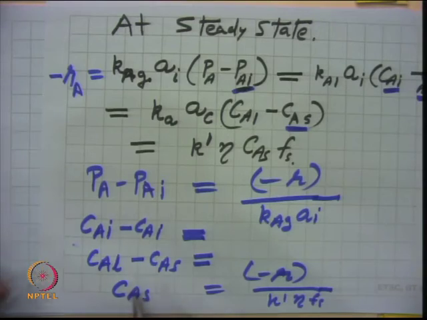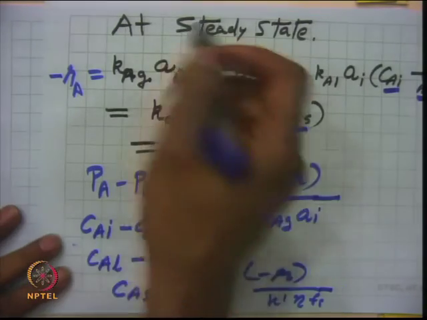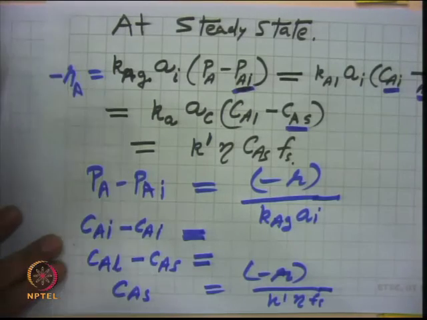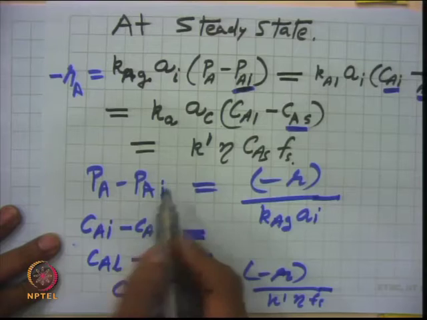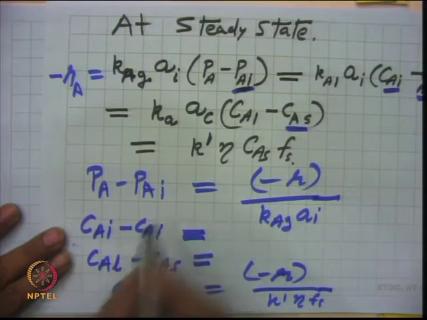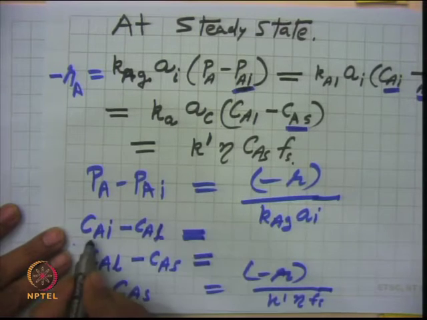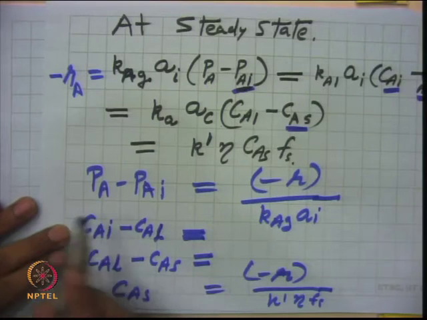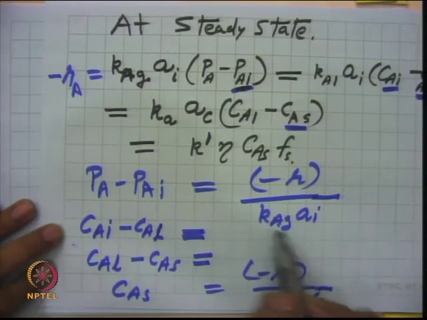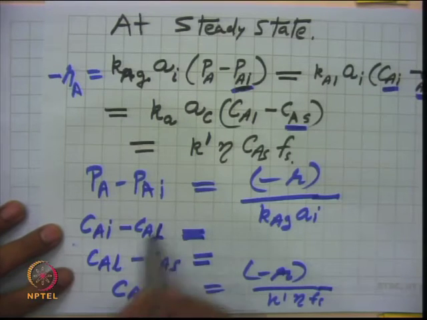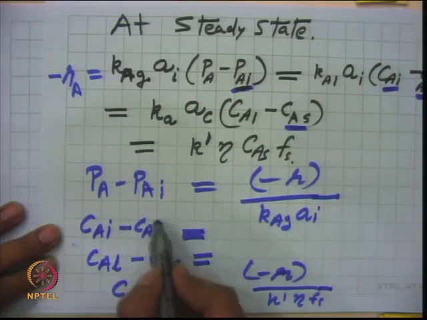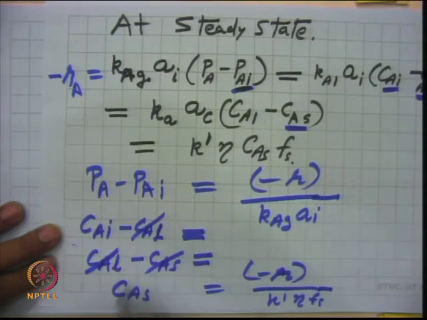What I mean to say is, if C_AI and P_AI are related by Henry's law, I can write either P_AI in terms of C_AI, or I can write C_AI in terms of P_A, and then divide it. So, your Henry's law constant will also come in the denominator, in all cases. The basic idea is that if I add all these, these terms will cancel.